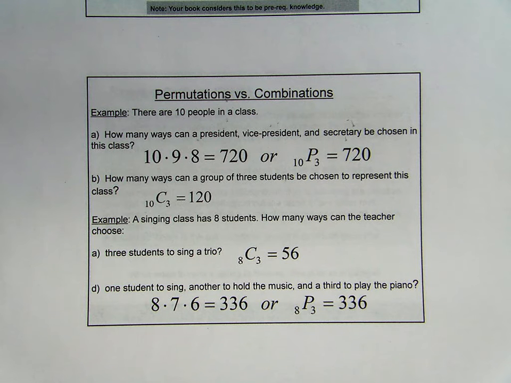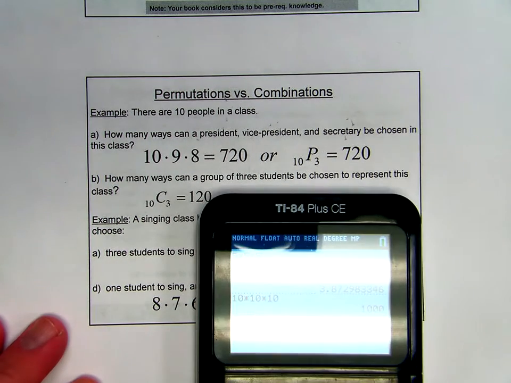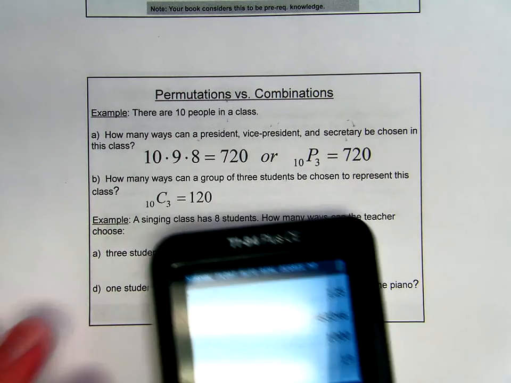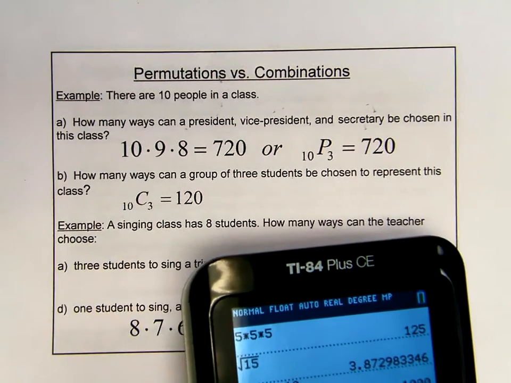And we'll use this problem here as an example of knowing where this stuff is on your calculator. The nPr and nCr have functions on the calculator.